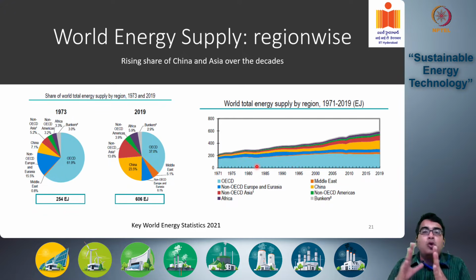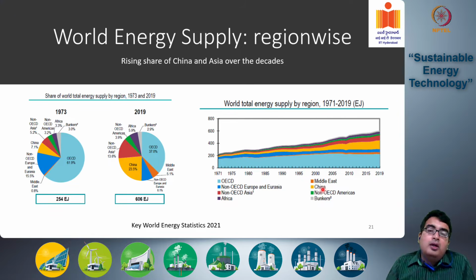So USA, all the Western European countries, Japan, South Korea belong to the OECD countries. It stands for Organization for Economic Cooperation and Development. And if you see, their quantum of energy use has not increased significantly at all over these decades.